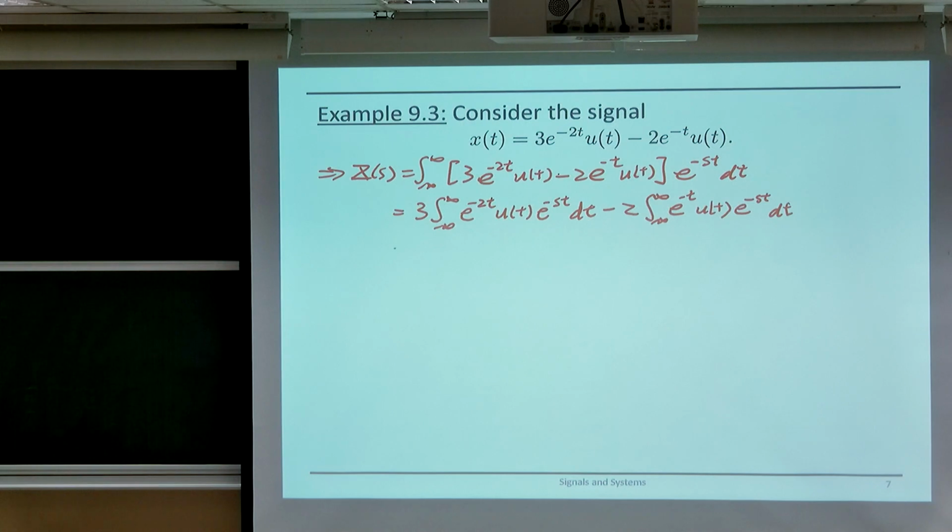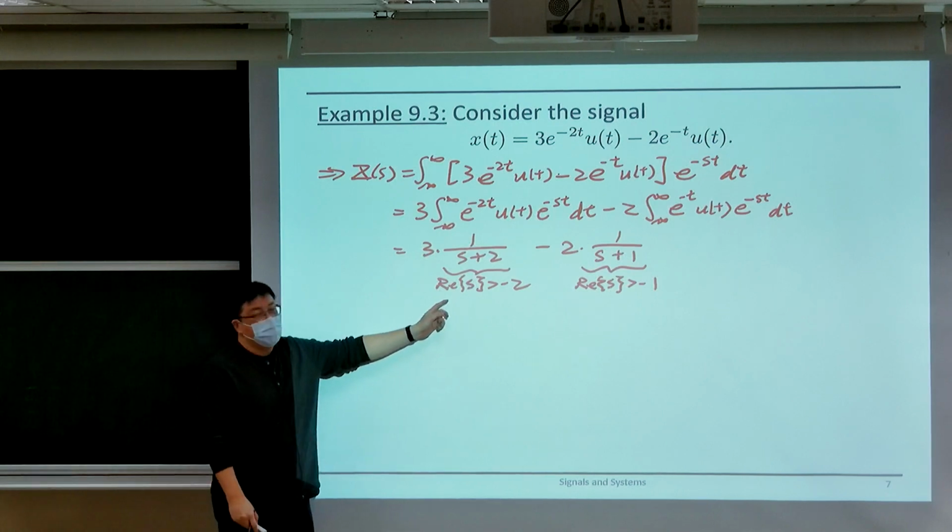This one is 3 times 1 over s plus 2, and this integral exists when the real part of s is greater than minus 2. For the second term, it's 2 times 1 over s plus 1, where this transform exists when the real part of s is greater than minus 1.